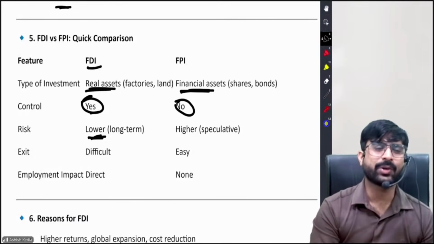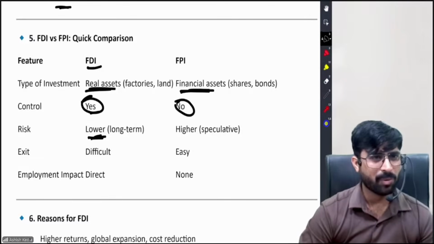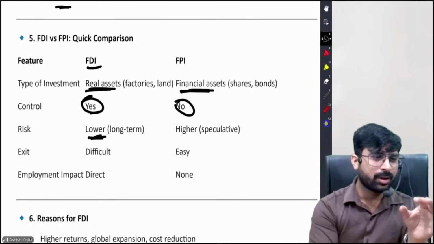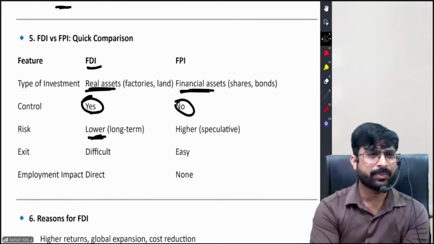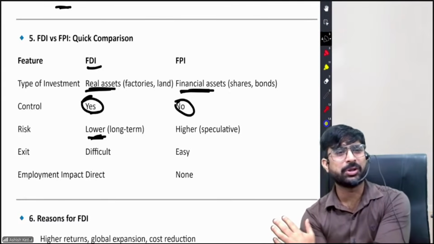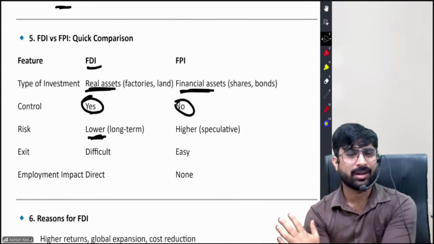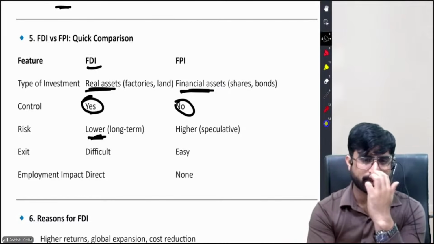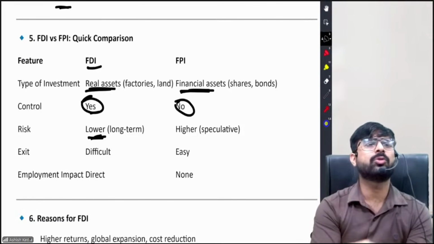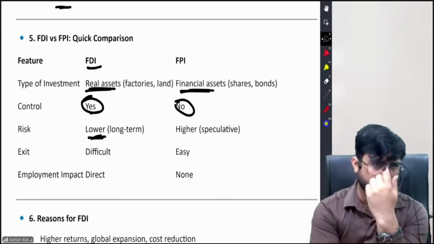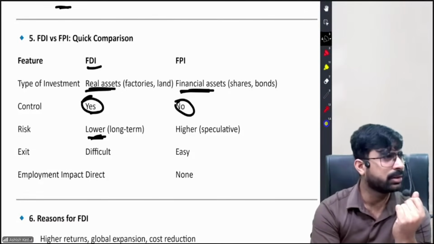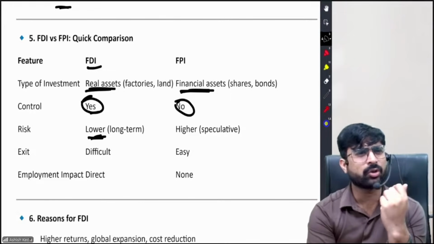You know why? Because you are investing in the long term. Remember, students, anything you opt for in the long term, the risk will be reduced. I will give you an example. I was planning to buy some SIP, some mutual funds, a very small amount. So I did it 2 years back.